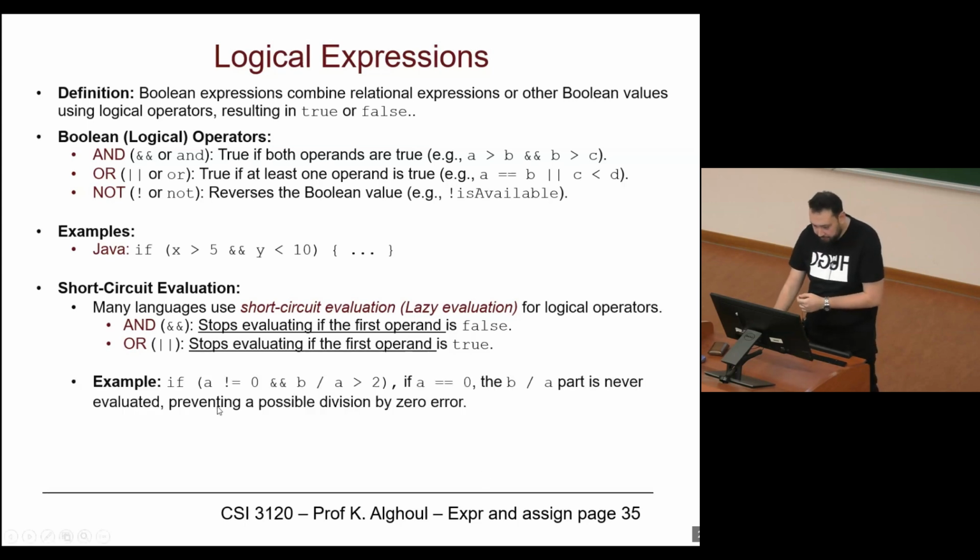If I'm having this, I'm looking at the first one. If this one didn't pass, I'm not going to continue. That's how the language is designed, which is better because if A equals 0, and I continue doing this, B dividing by 0, I'm going to have a problem.